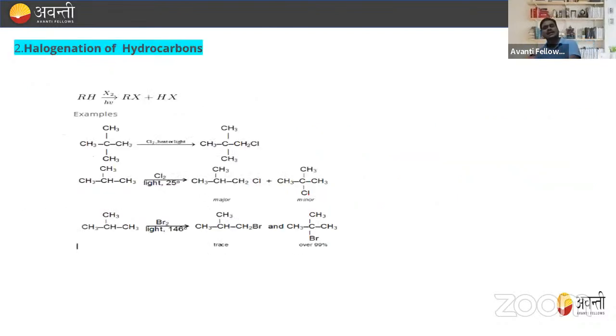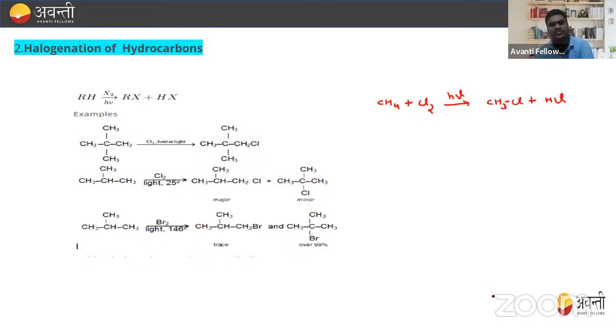Okay. The next is the halogenation of hydrocarbons. By this also you can prepare alkyl halides. For example, let's say we have CH4, and if you do halogenation with Cl2 in the presence of sunlight, then we'll get CH3Cl plus HCl.